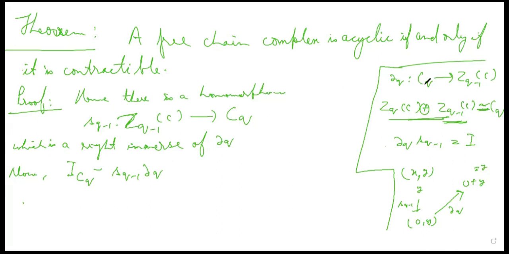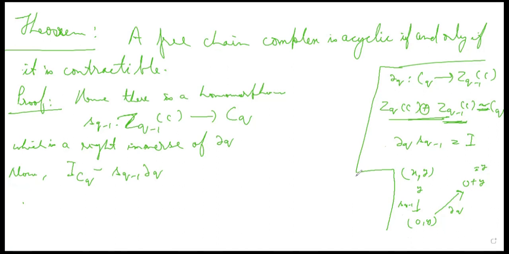So if you take an element here, then if you apply this, you will have an element here, and then you apply this boundary map, then you will get an element here.